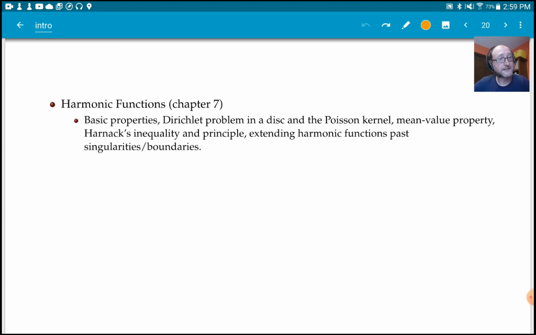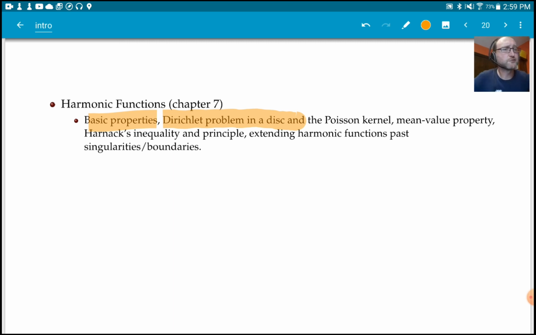In this case, it's a second order PDE. So you cover basic properties and solve the Dirichlet problem in a disk: if you have boundary values, you can solve for a harmonic function in the disk.